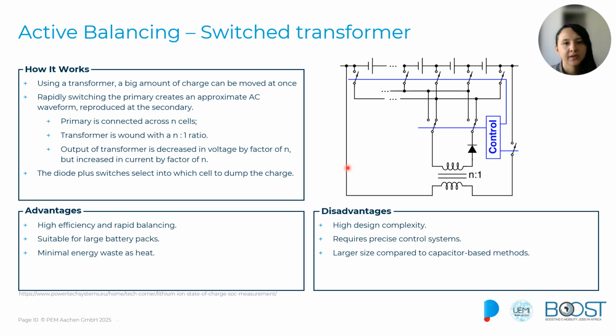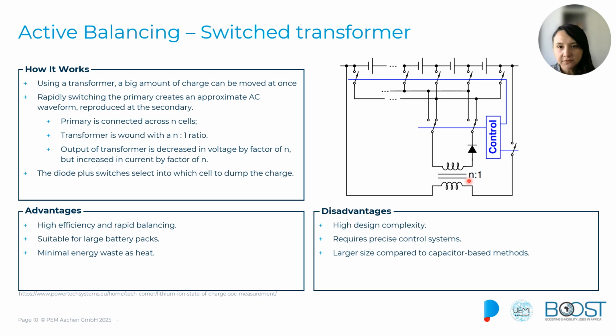allows us to have. So in this method, we will use a transformer that you can see over here, and this transformer will be the component that will be transferring the energy again from this and distributing the energy along all of our battery cells.